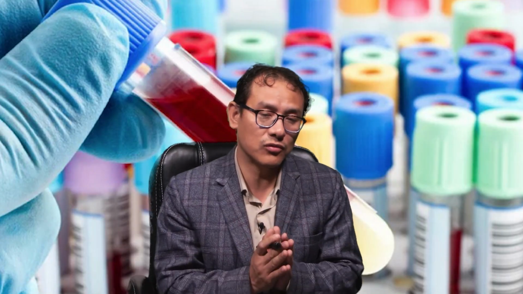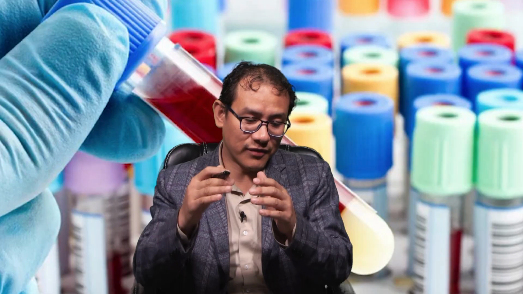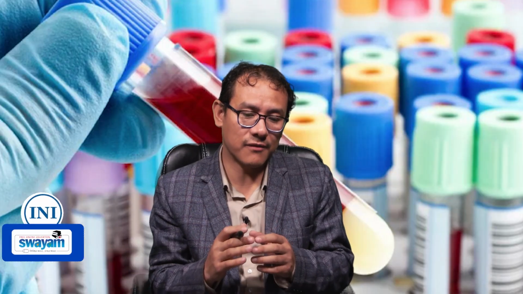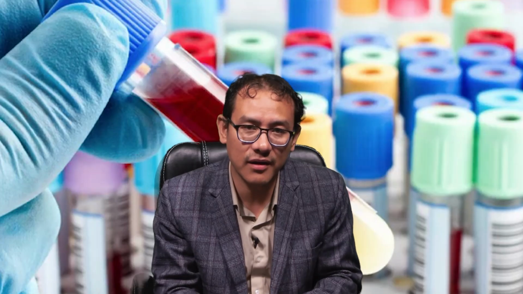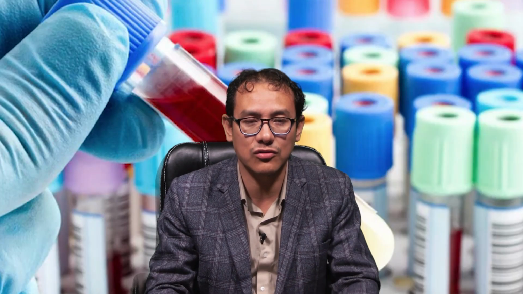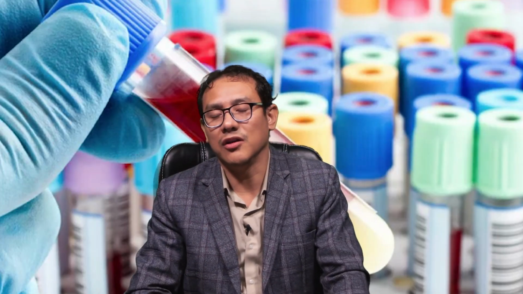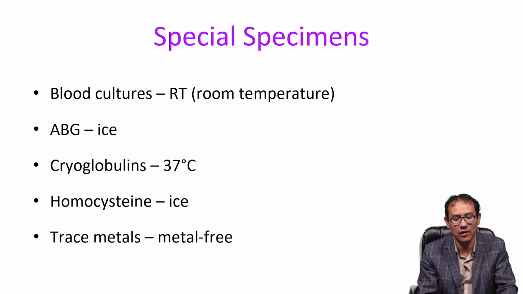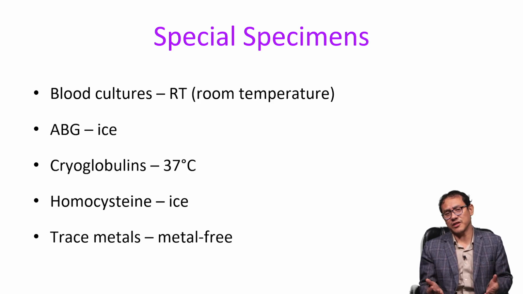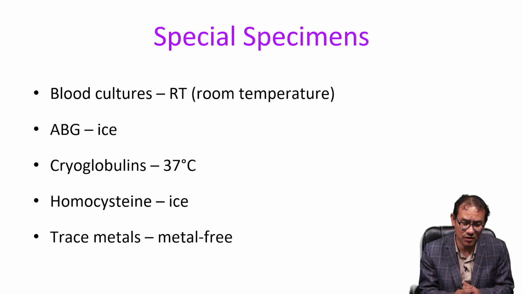So you have to be very careful about how errors during packaging can be limited. Proper labeling is also required. Proper temperature you have to maintain. Proper leak-proof packaging is also required. So all these things you have to understand. Special specimens require special conditions also.